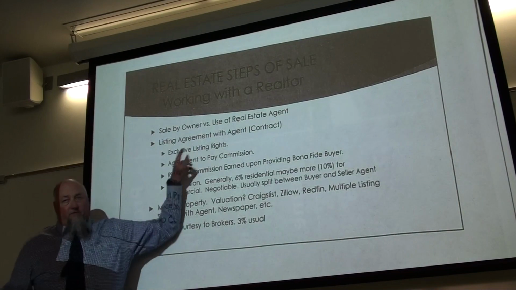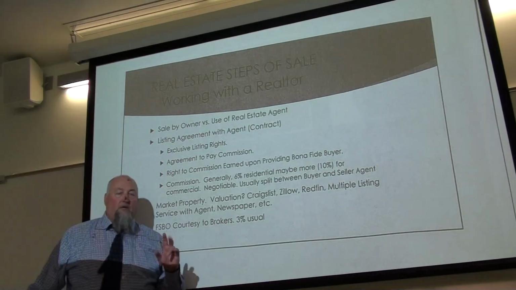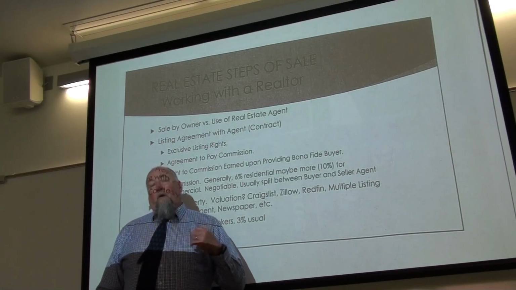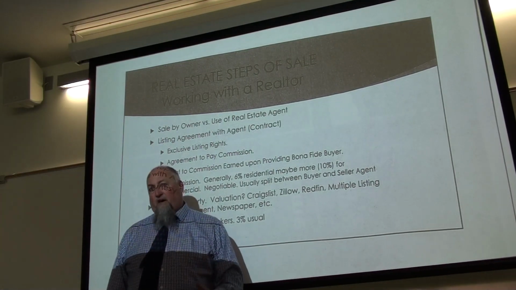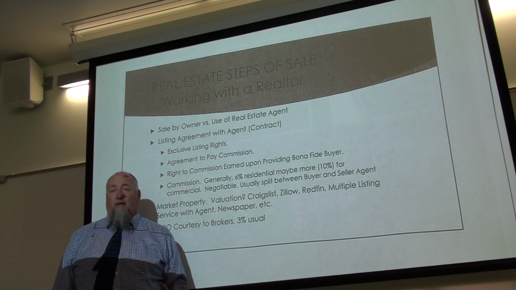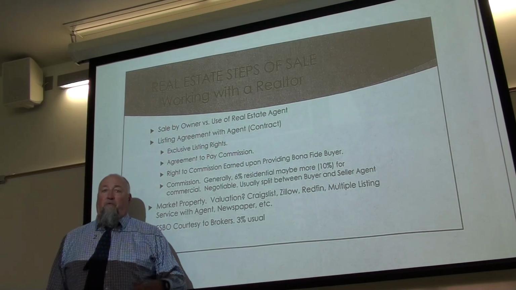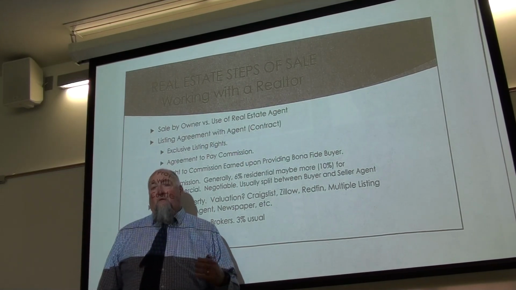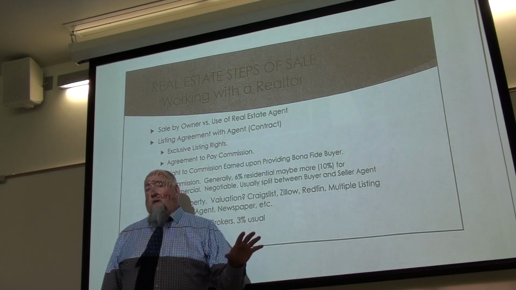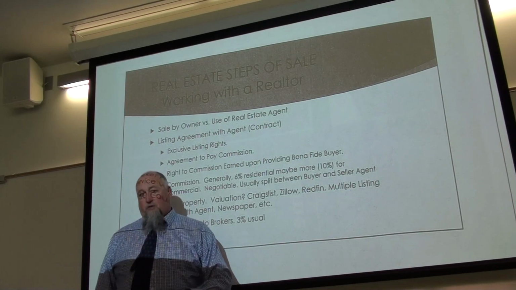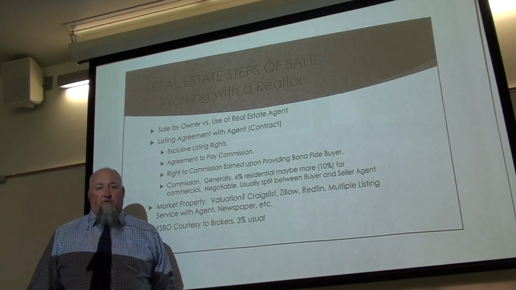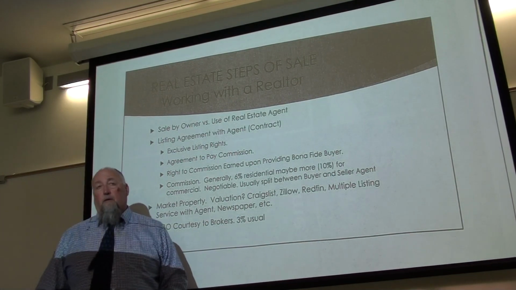All right, so exclusive listing rights. Let me go back to that for a minute, because there's a pretty common scenario where you own the house and you may have people that are interested in buying the house, maybe your friends or a friend of a friend or something like that, and you've already made contact with them before you've ever hired a real estate agent, and then they maybe fell off the radar, but they show up later on.